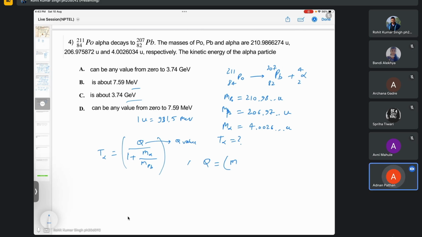Basically, the total energy of both the daughter and the alpha particle. So that comes out in terms of mass difference: the mass of polonium minus the mass of lead, subtracted by the mass of the alpha particle, times c square to convert it into energy.